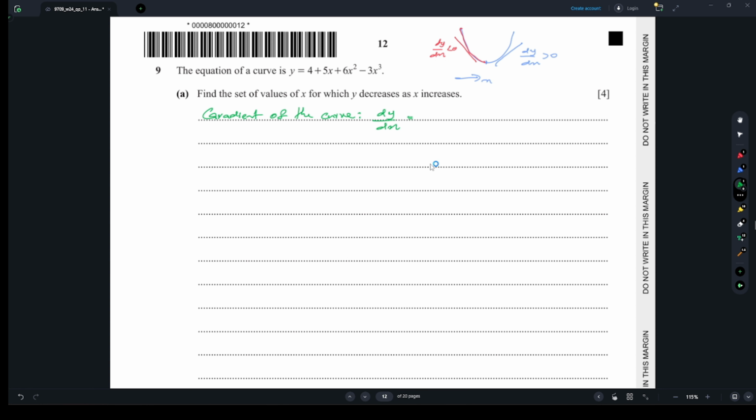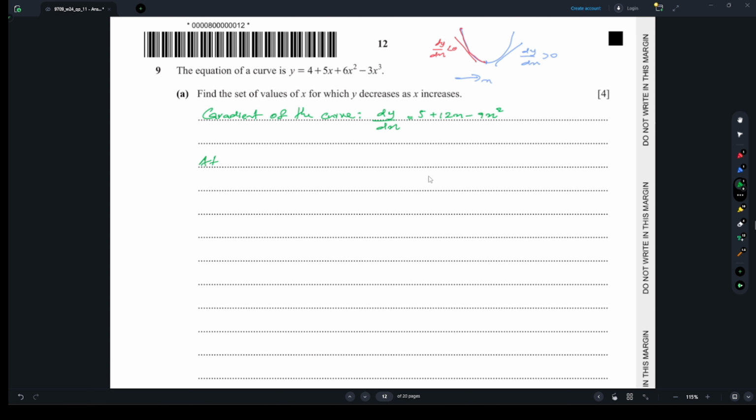So 4 is 0, 5 plus 12x minus 9x squared. Okay, and then we have to find the stationary point, because later we have to use them. It will be easy for us if we find the stationary point.